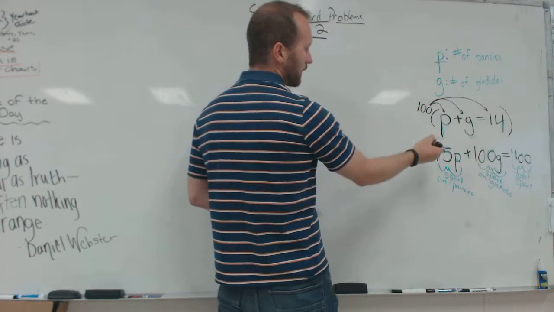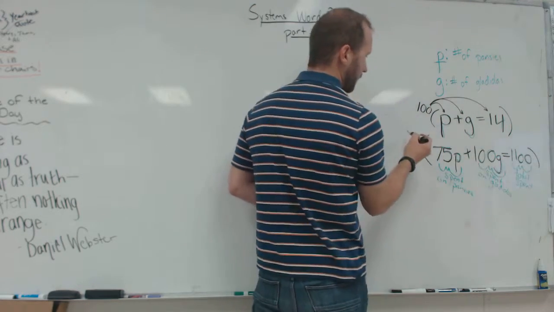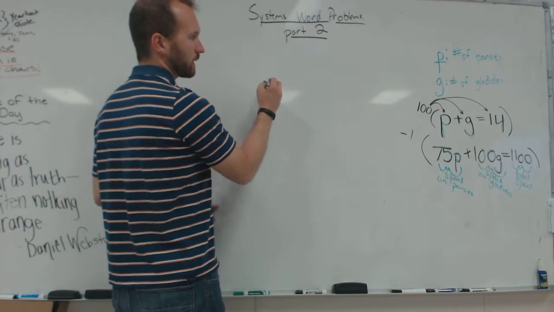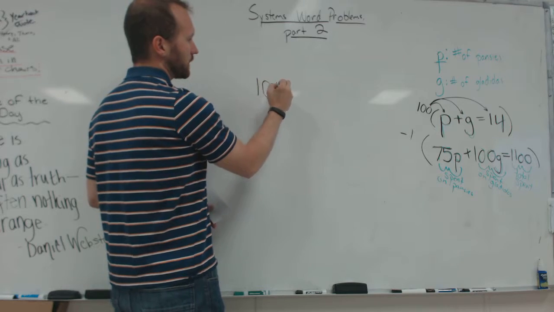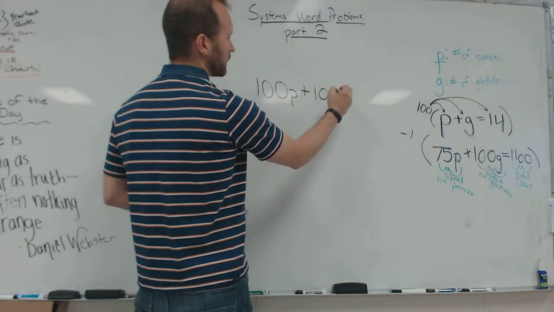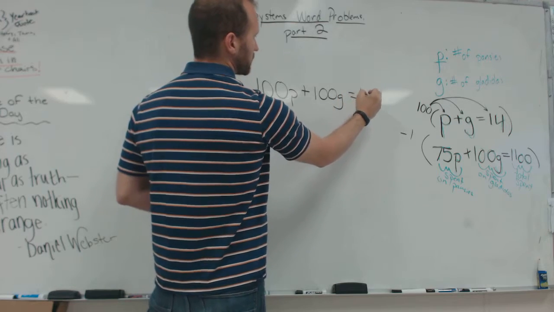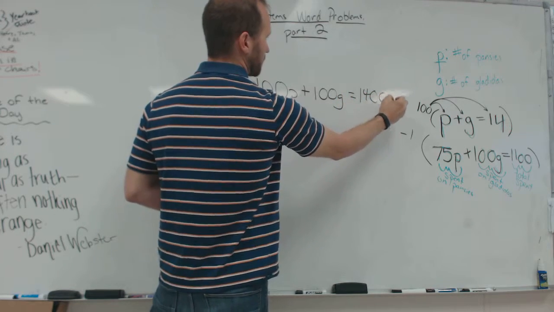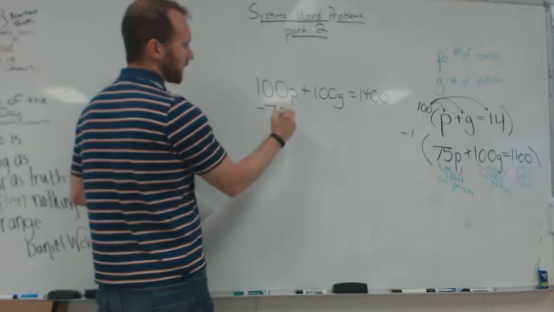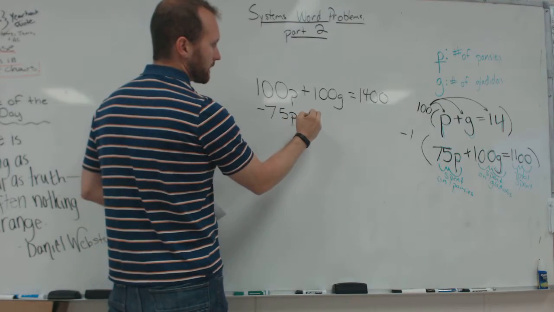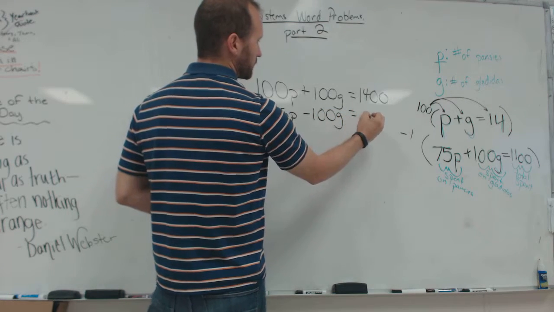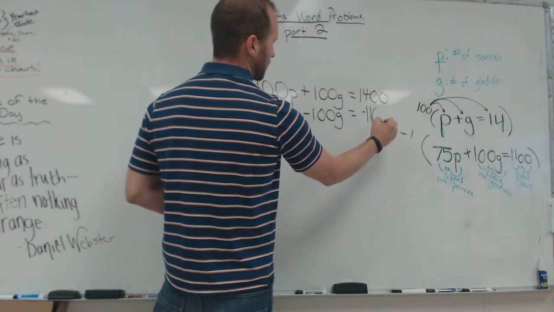And then I'm going to multiply the entire bottom equation by -1. You'll see why I'm choosing this one by -1 in a second. So the top equation times 100 gives me 100P plus 100G equals 1,400. And the bottom one, I'm going to get -75P minus 100G equals -1,100.